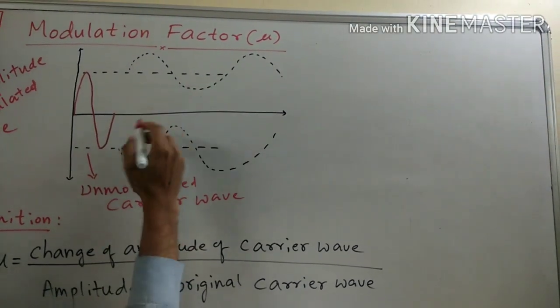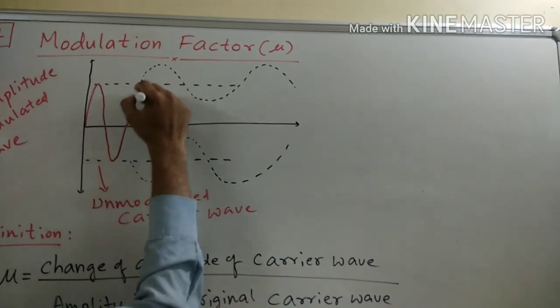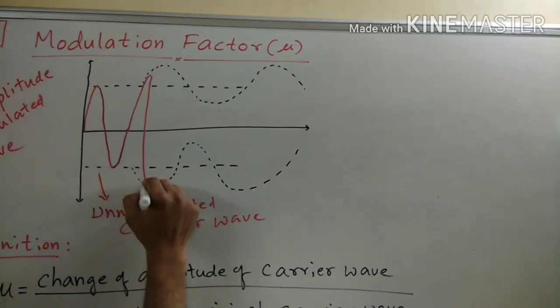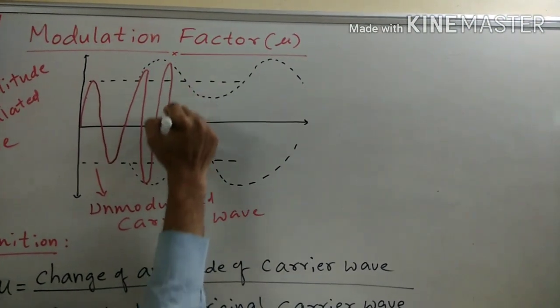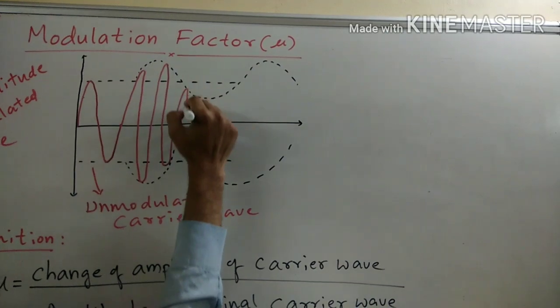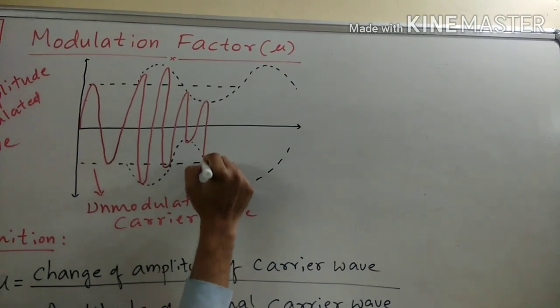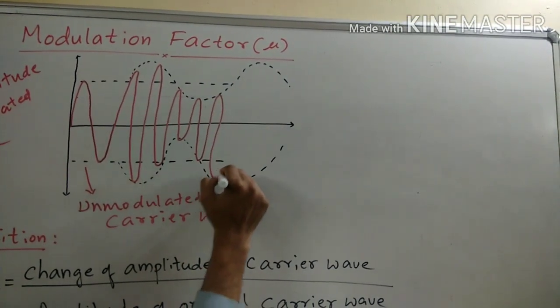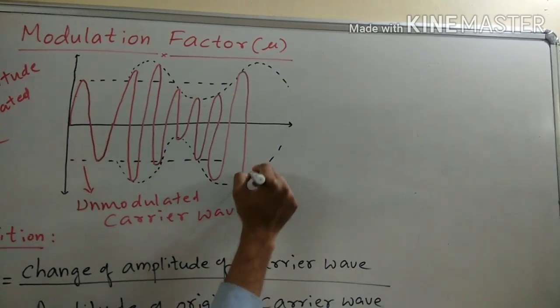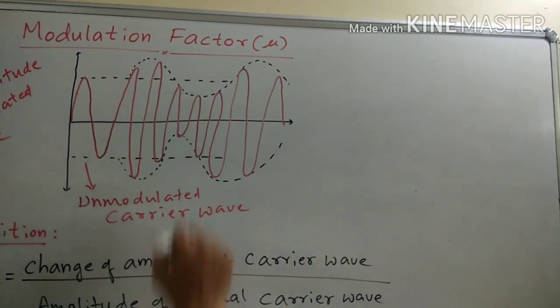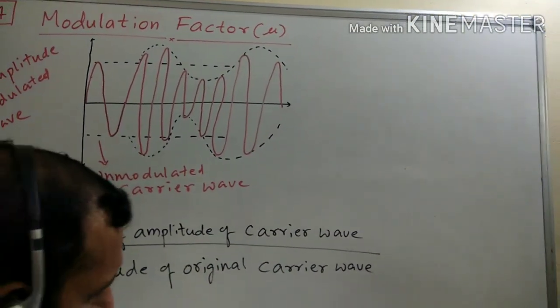But from here the modulation starts and the amplitude changes in this pattern. So this is how the amplitude modulated wave looks.